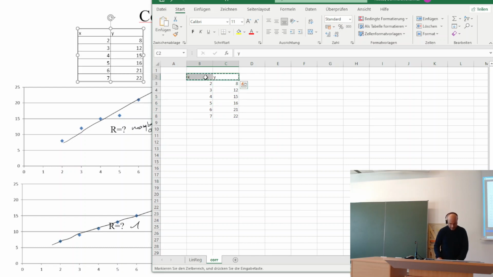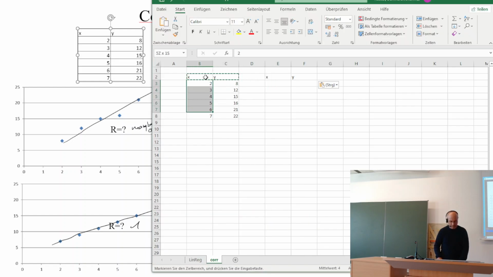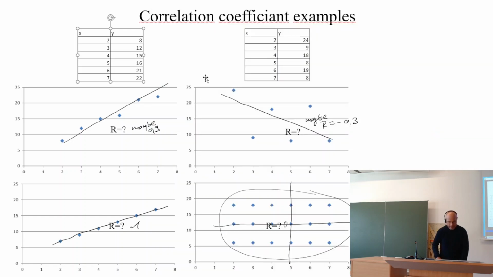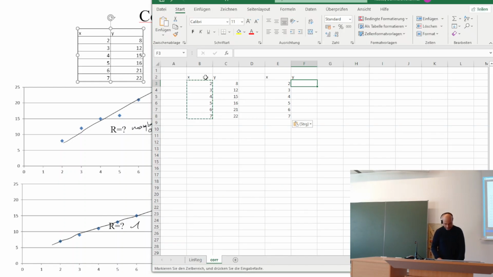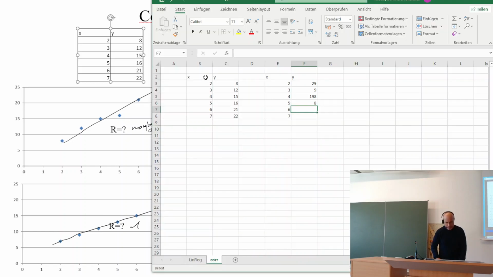And the other one would be 24, 9, 18, 29, 9, 18, 8, 19 and 8. This was 24. And this was 18.